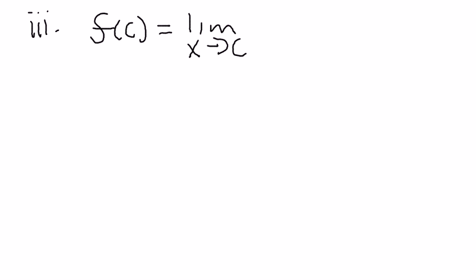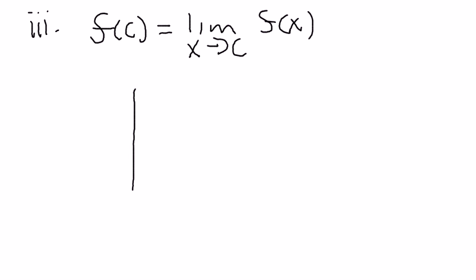And the third part says that f of c, the first one, has to equal the limit as x approaches c of f of x, which is the second one.